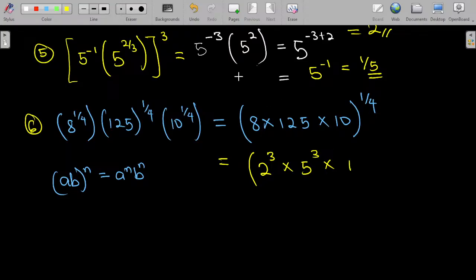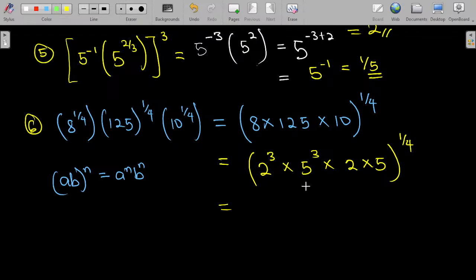And of course you can see that something is happening here. 10 is the same as 2 times 5. Wow, this is so beautiful. I love this exercise. That's why I said it's unscripted. We are just seeing the solution here and now as we are solving.